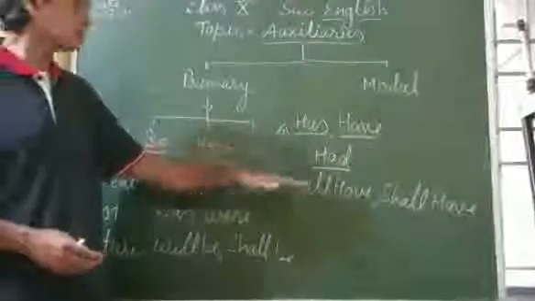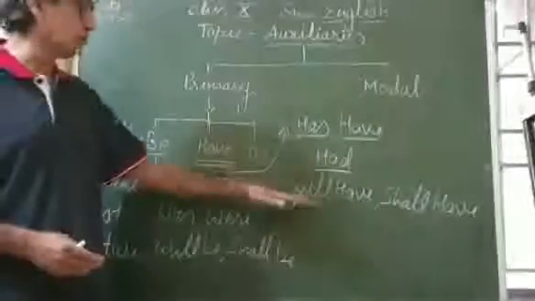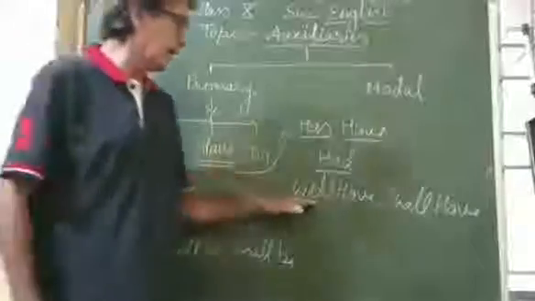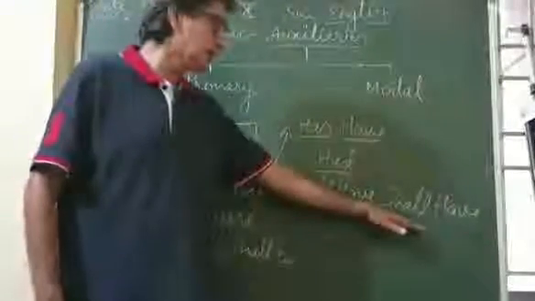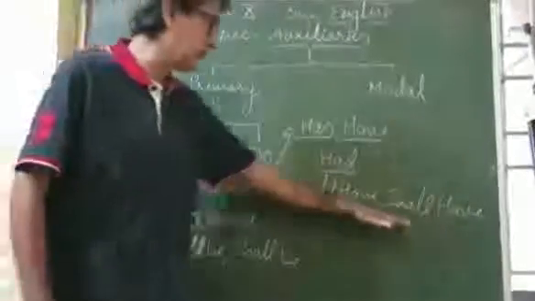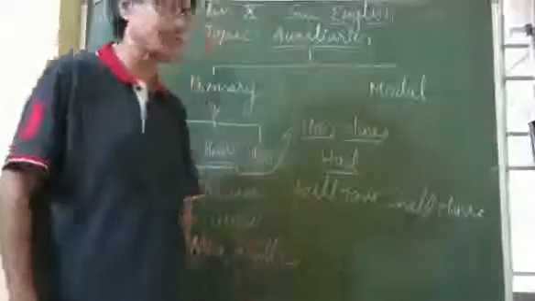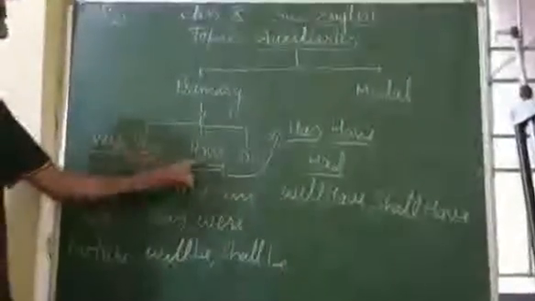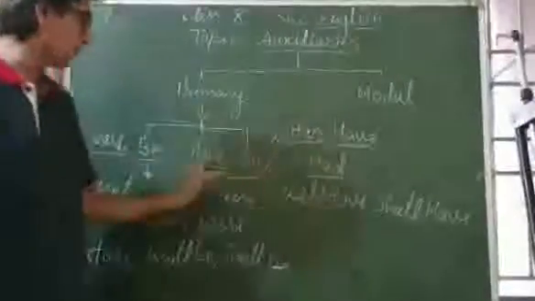With the third person, will is used, and for the first and second person, shall. These are the forms of verb have: present, past, and future.